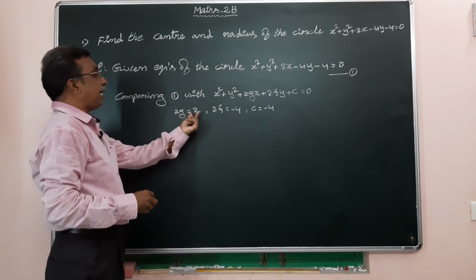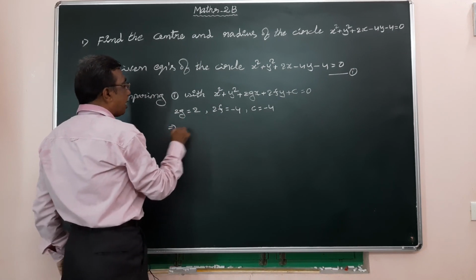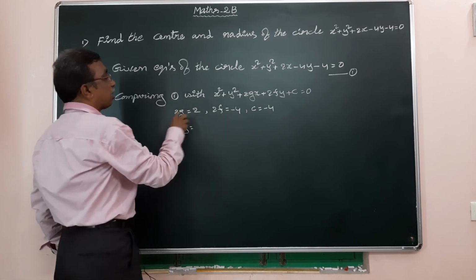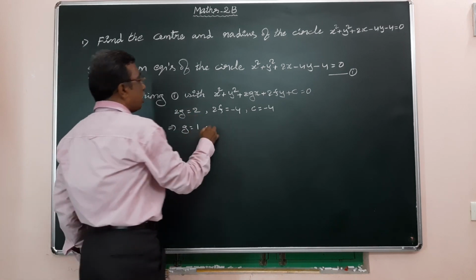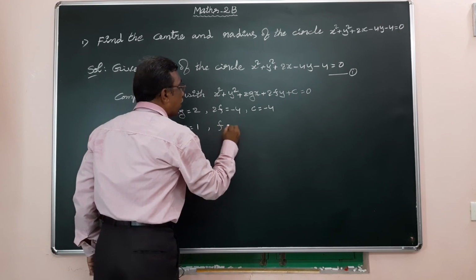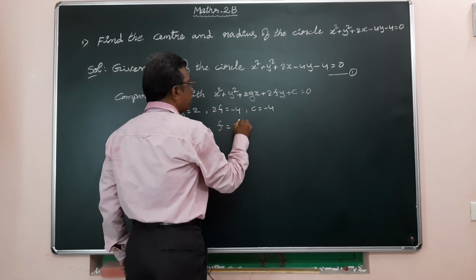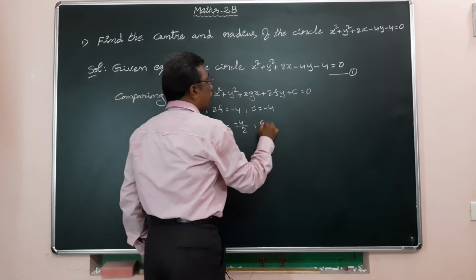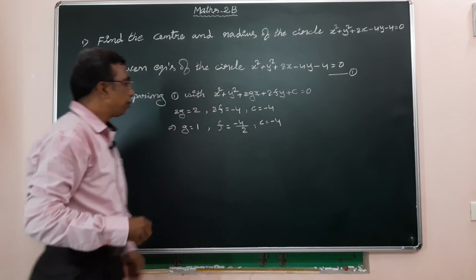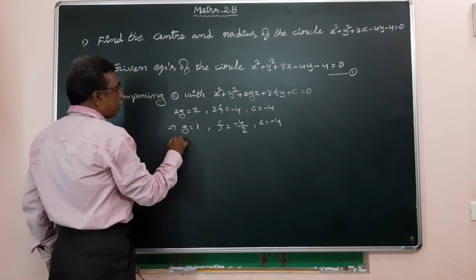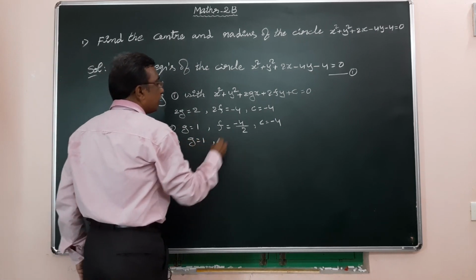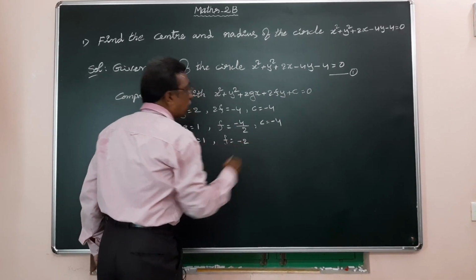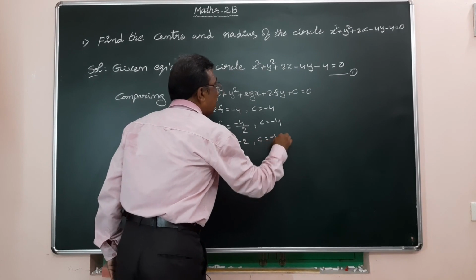Now 2g equal to 2, that implies g equal to, now we take this coefficient from LHS to RHS, 2 by 2, that is 1. g equal to 1, f equal to minus 4 by 2, c equal to minus 4. That implies g equal to 1, f equal to 2 times cancel, minus 2, c equal to minus 4.